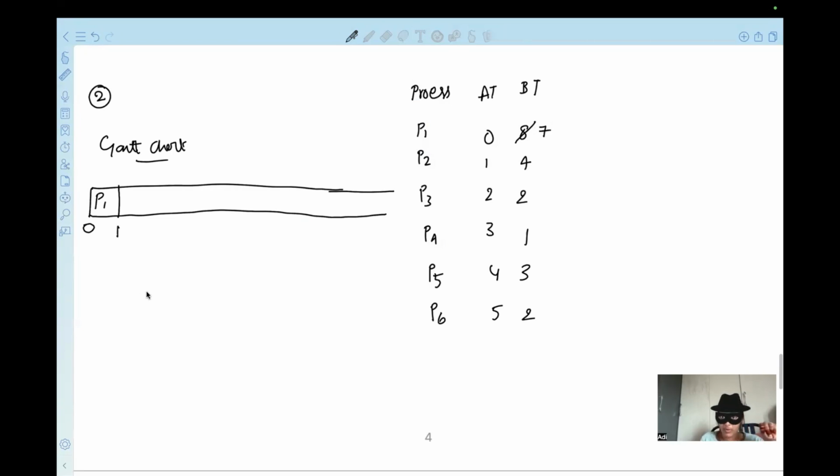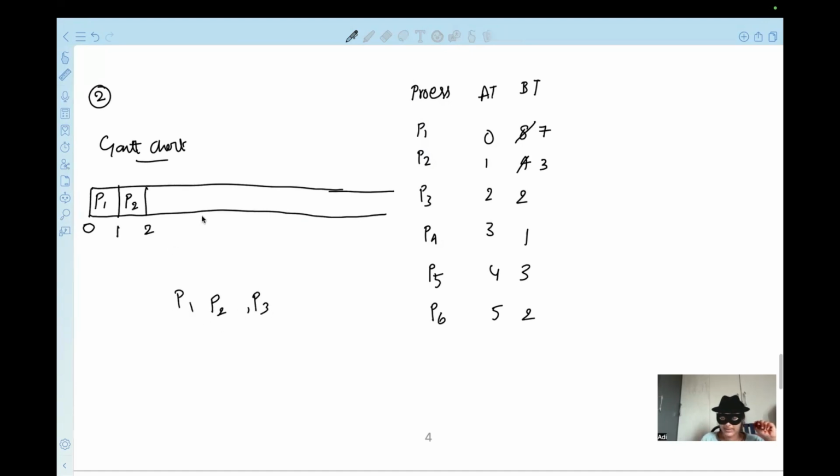Next, at 1, what process is coming? P2 is coming at 1. So we'll write P2 and it takes 1 unit of time, we'll write it as 3. At 2, is there any process coming up? Yes. We are still remaining with P1 and P2, and again P3.